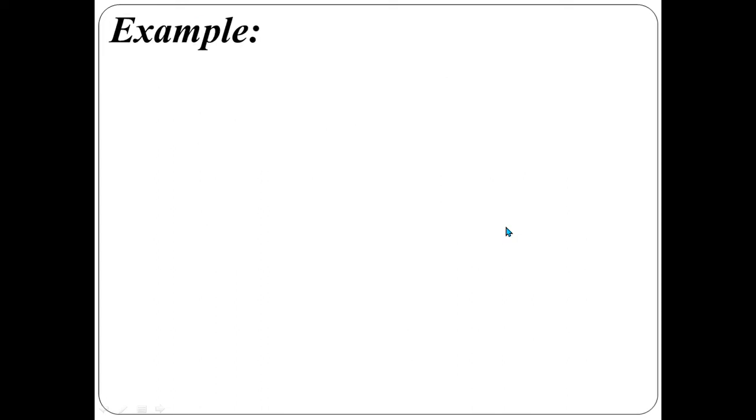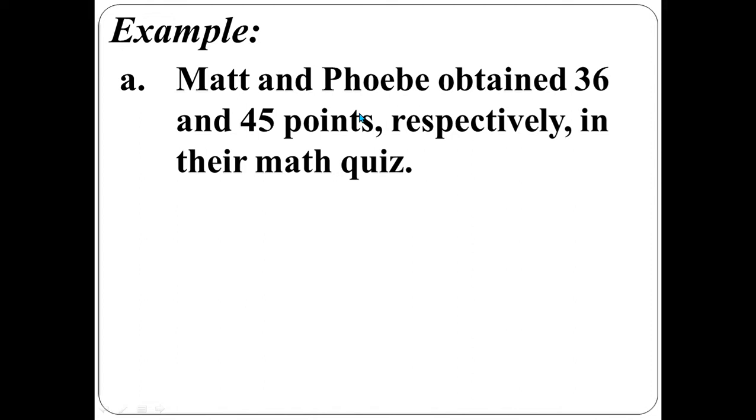Ito yung ating example. Math and PB obtained 36 and 45 points respectively in their math quiz. Pag sinulat natin yung kanilang points in ratio, it looks like this, 36 over 45. Now, to get the lowest term, find a possible integer that can divide dito sa 36 and 45.